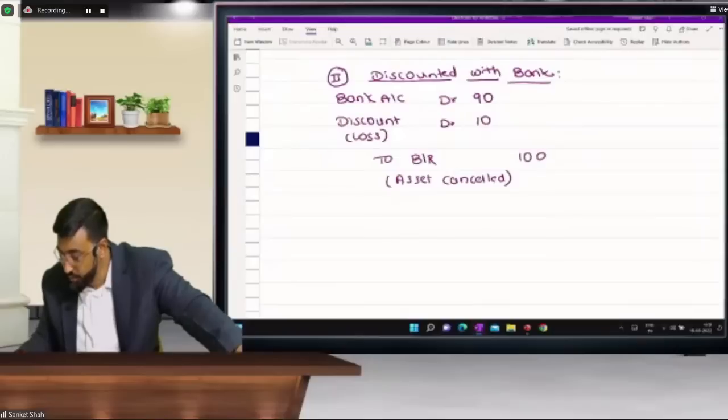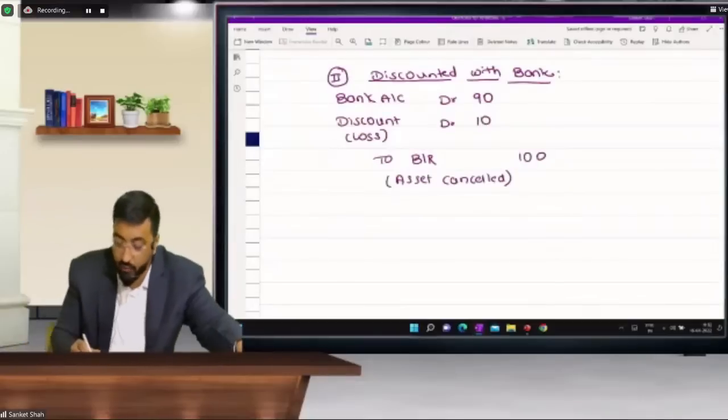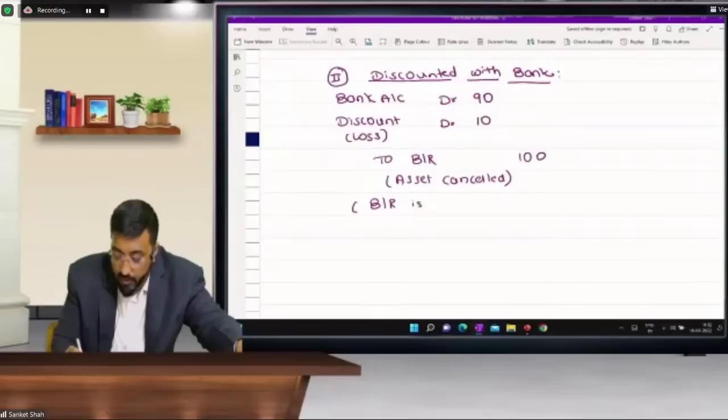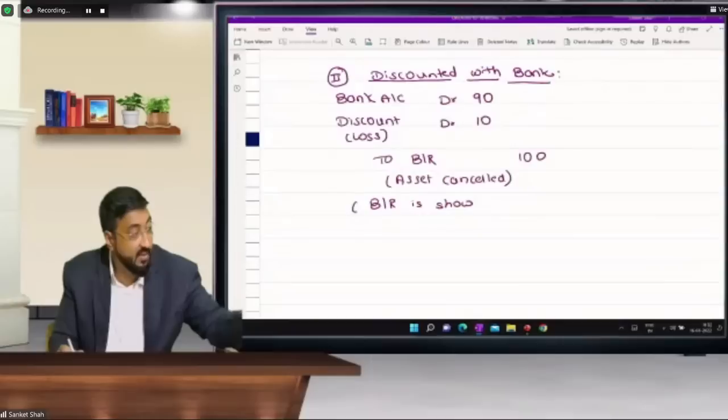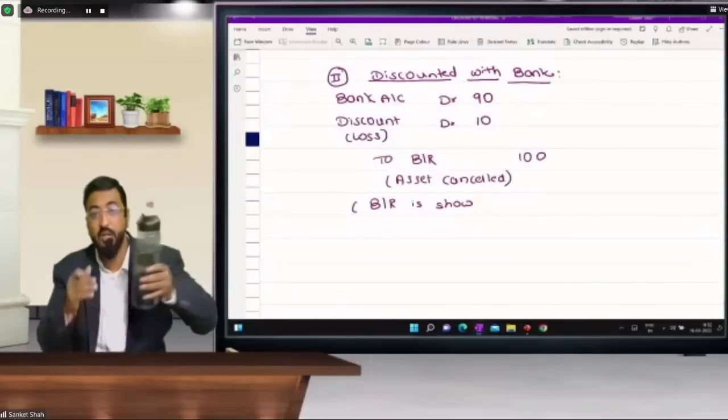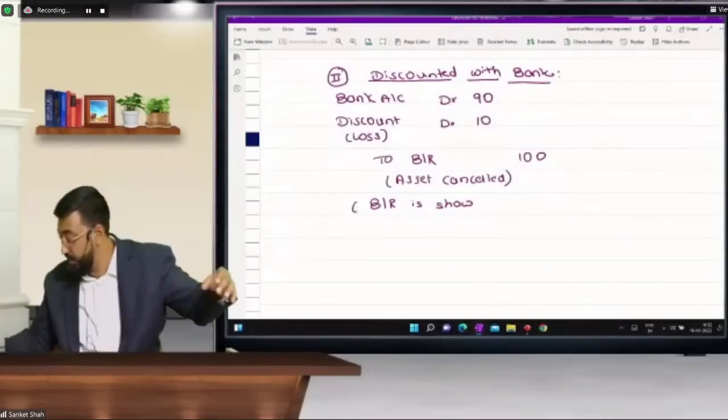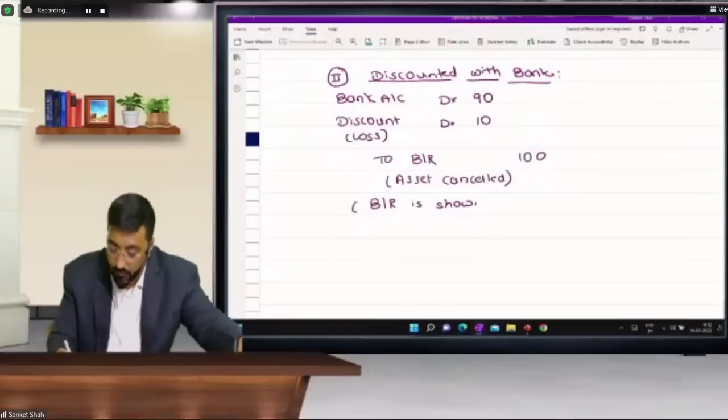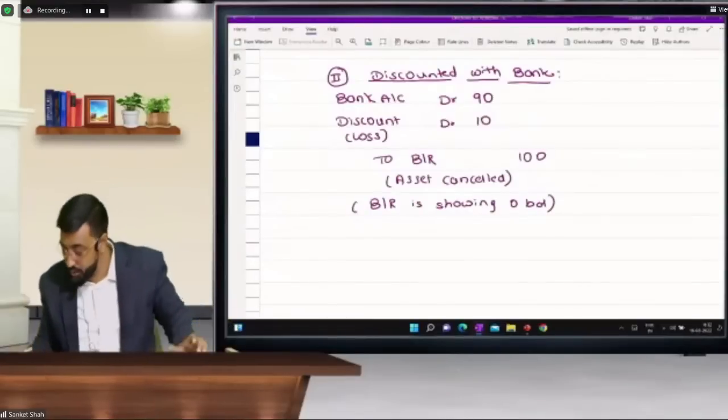So you are going to cancel that asset. Bill is not with you. So now bills receivable is showing zero balance.